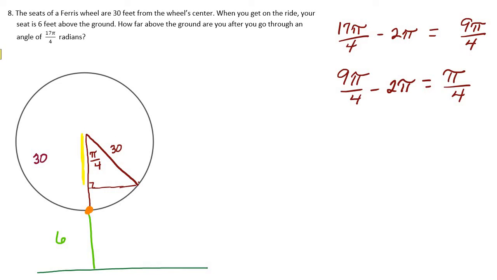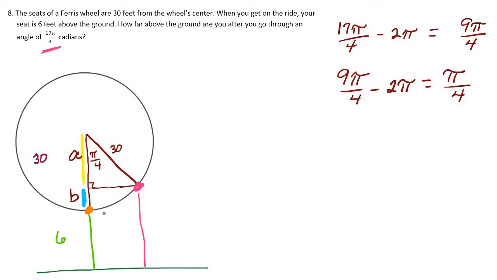The leg of the triangle that I have highlighted yellow, I do not know the length of. I'm going to call that A. And the length of this part that I have highlighted in light blue, I am going to call B. This pink line represents the height that I am after I have gone 17 pi over 4 radians.